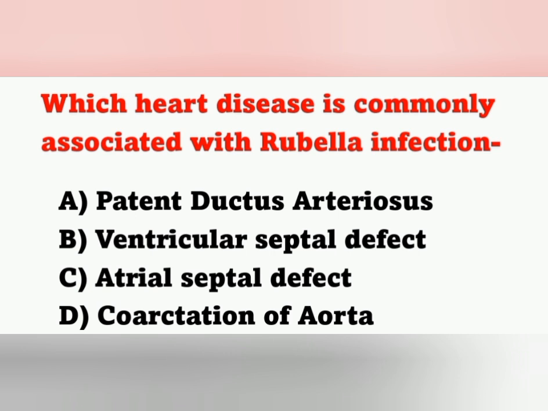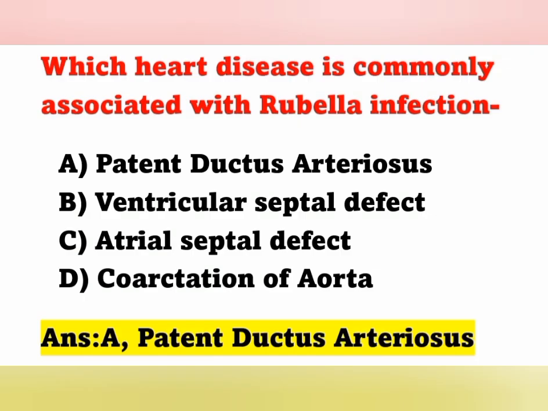If it occurs in early pregnancy, it may result in serious congenital defects that include deafness, cardiac malformation and cataract. Here, the heart disease commonly associated with rubella infection is patent ductus arteriosus. Option A is the correct answer.